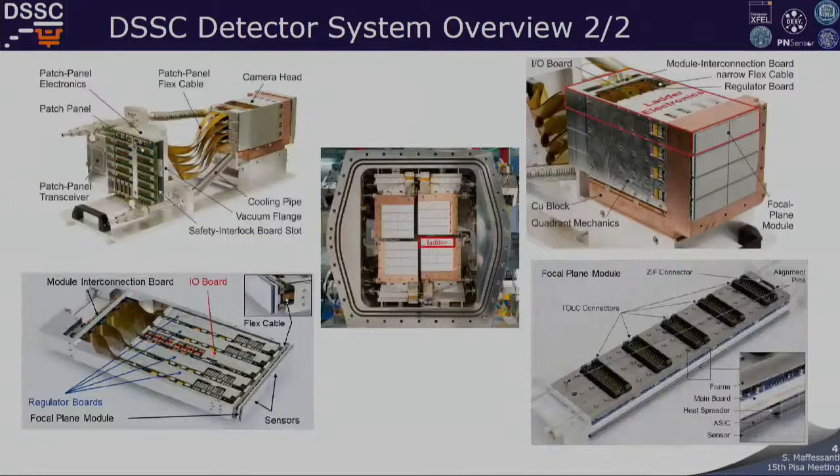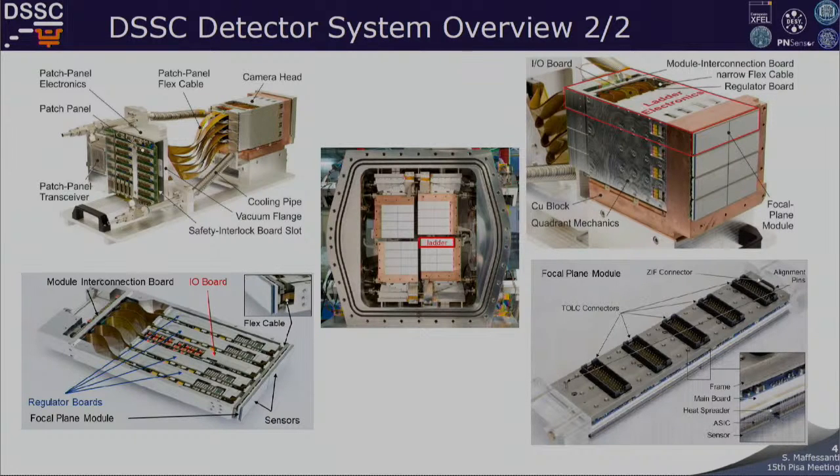This is the overview of the system. The camera is divided into four quadrants, and each quadrant is divided into four modules called ladders. The ladder is the smallest independent unit of the camera that can be operated alone, and it is composed of a focal plane module that comprises 2 sensors and 16 readout ASICs.